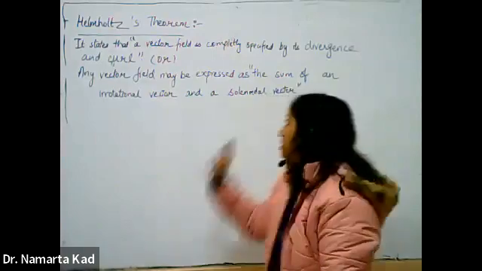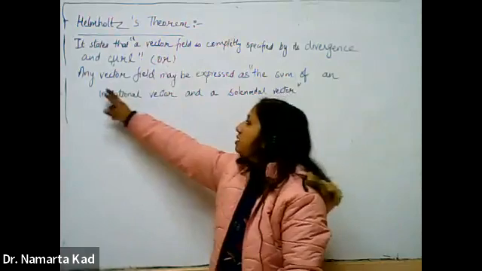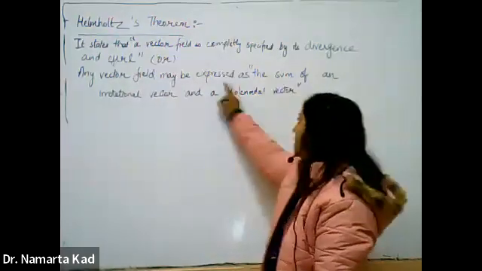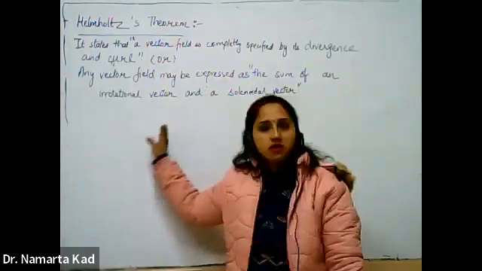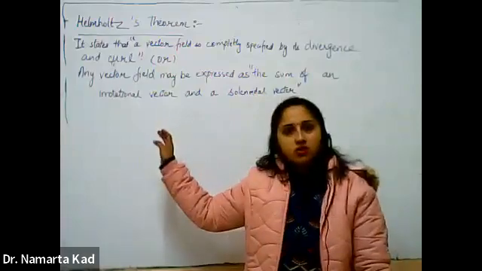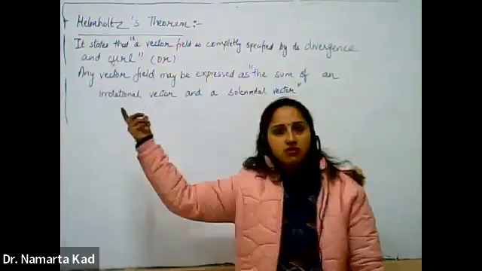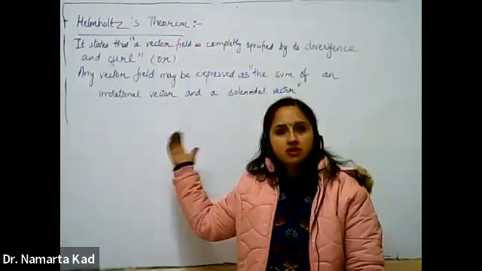Secondly, it has another definition: any vector field may be expressed as the sum of an irrotational vector and a solenoidal vector. And we know that an irrotational vector is one whose curl is 0, and a solenoidal vector is one whose divergence is 0.